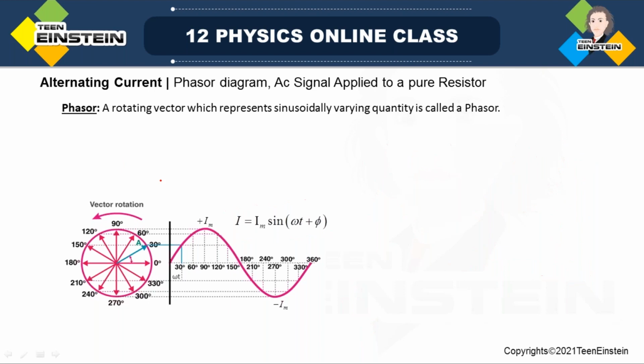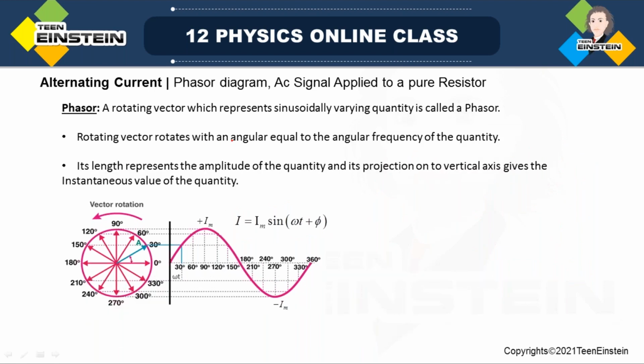Generally, a rotating vector will rotate with an angular velocity equal to the angular frequency of the quantity which we wish to represent with the phasor diagram, or we wish to represent the signal by the rotating vector method.